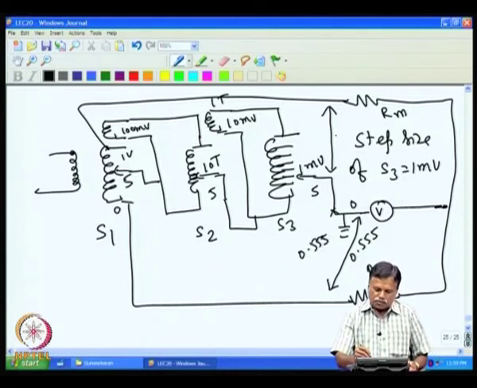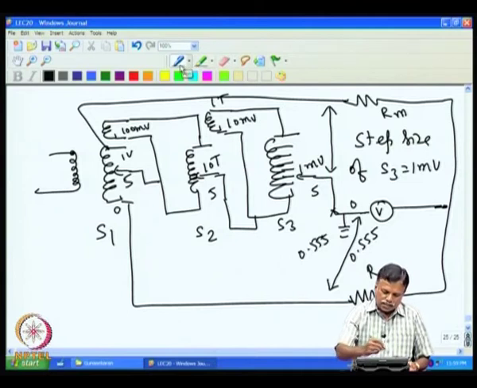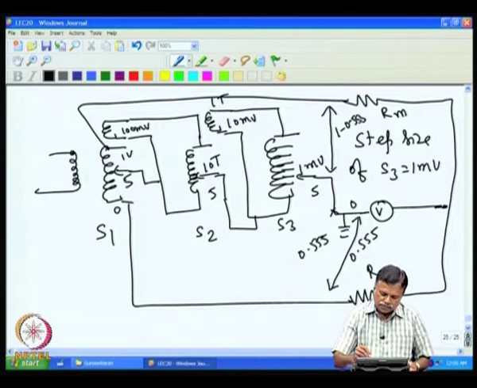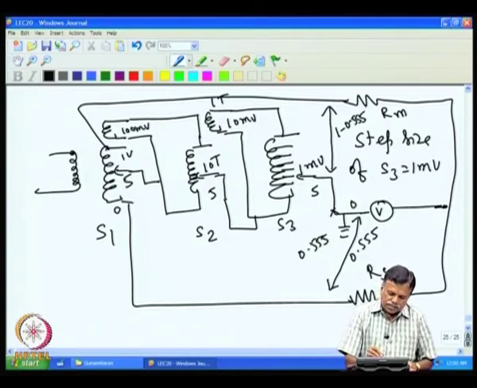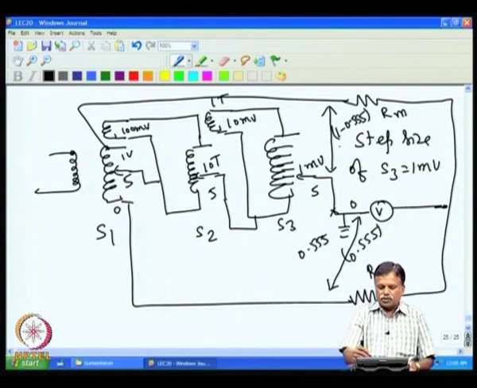So this will be 1 minus 0.555. That is because this is sitting at 0.5, this is 0.55, then automatically this becomes 0.45, and this is 0.05, and that makes 1 minus 0.555. So the voltage at this point is this much, the voltage at this point is known, and the ratio of the two voltages gives you the ratio of these two resistances.